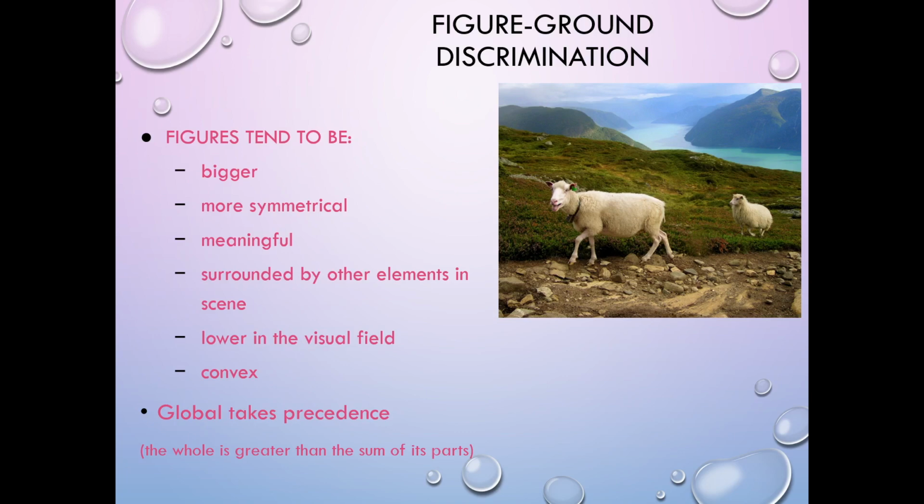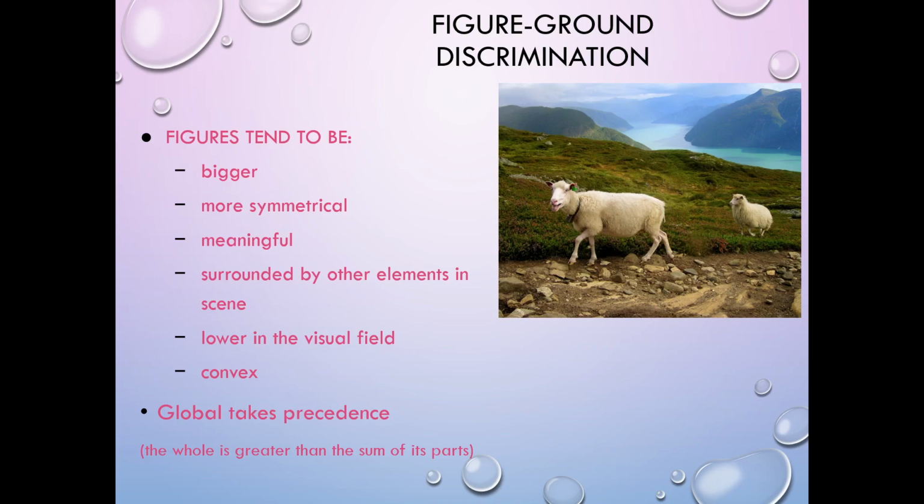The meaningful thing, that's a sheep, as opposed to, I struggle to even know what I should call those, hills, promontories. I don't know what you call those things that are going into the water. Surrounded by other elements in the scene: the sheep has rocks and grass and things around it.